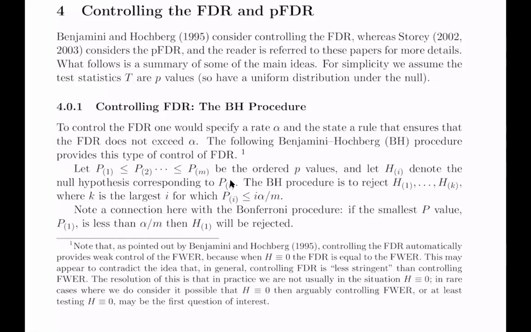So if something is rejected by the Bonferroni, then you'll also have something rejected by the Benjamini-Hochberg. But as i increases, the threshold that you're comparing against becomes less stringent, and that reflects the fact that the FDR is a less stringent error rate than the family-wise error rate is.